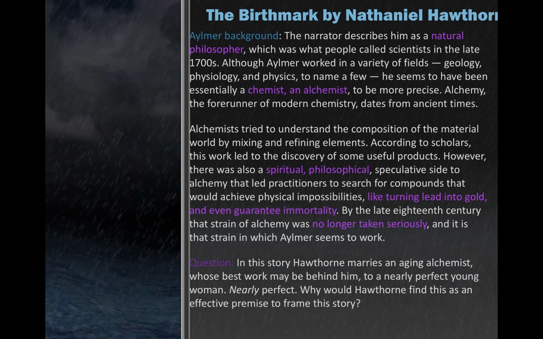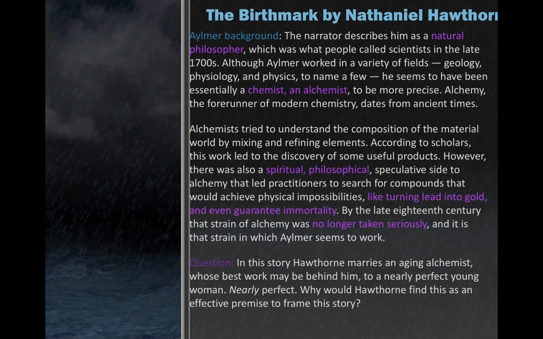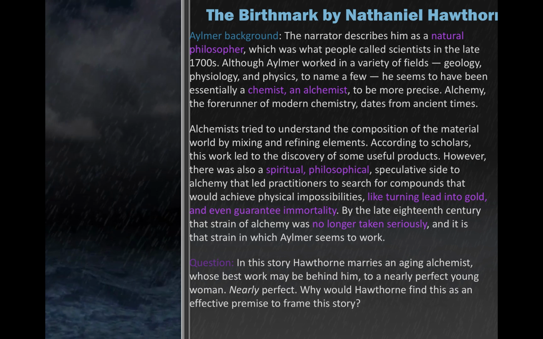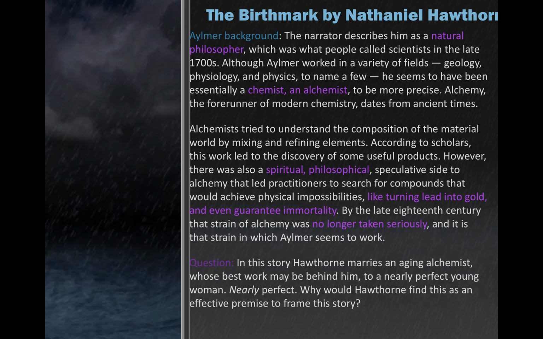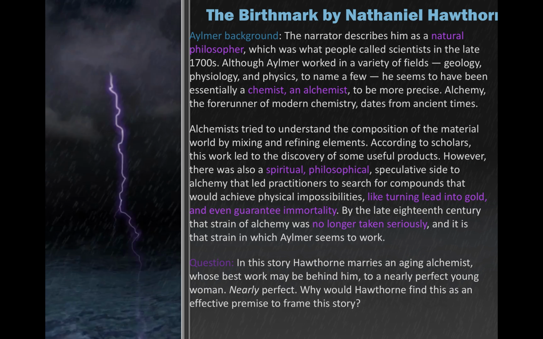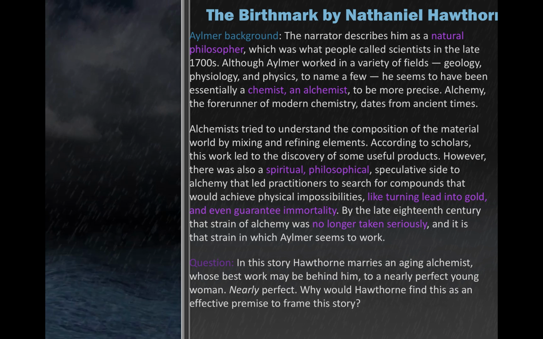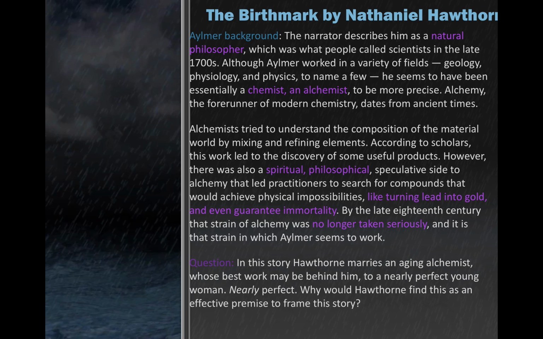Okay, so some background before we dive into the story. Aylmer is the scientist. He's what's called a natural philosopher, which was another term for scientists, but is a little different than what we think of as scientists now in the late 1700s.